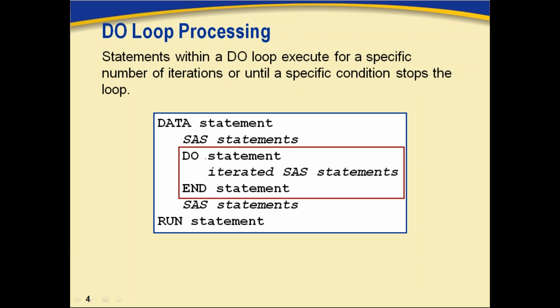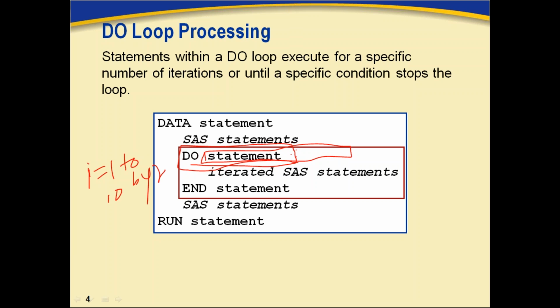In do, you write a do statement. In the do statement, what do you write? You write these conditions: I equals 1 to 10, 1 to 10 by 1 or by 2 or whatever.